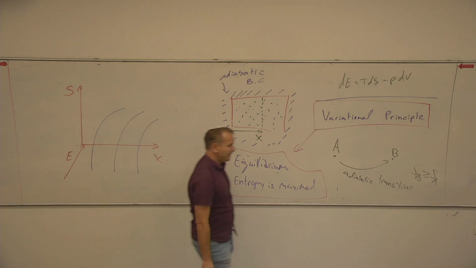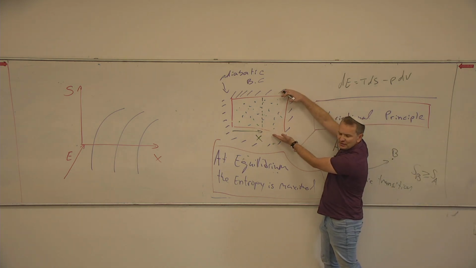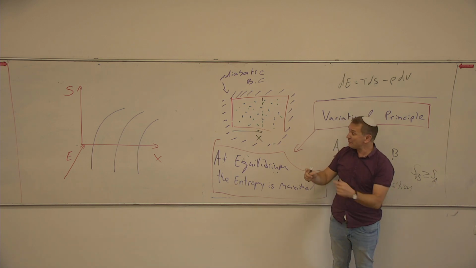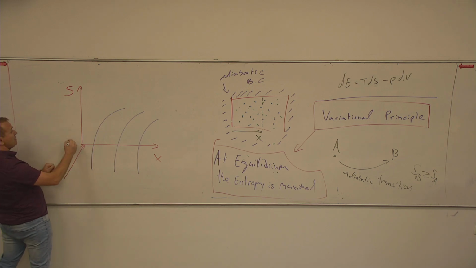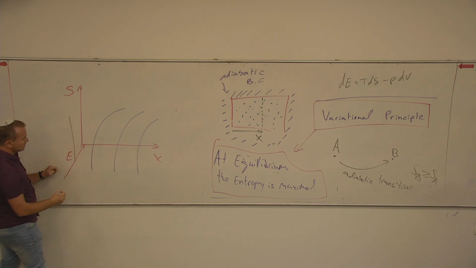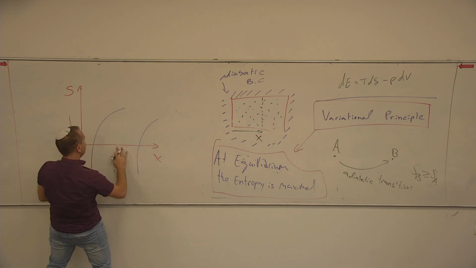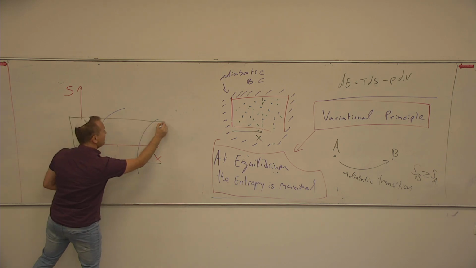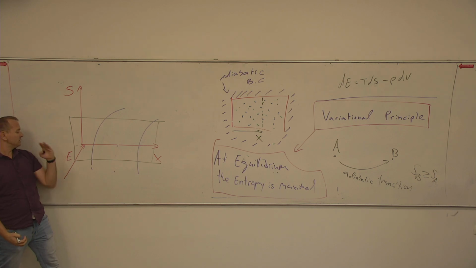Great. Now, we constrain the system such that it has to reach equilibrium, so everything is kept constant, including energy. So let's assume that this is my manifold, and I cut it by a plane that crosses E and is parallel to the SX plane.